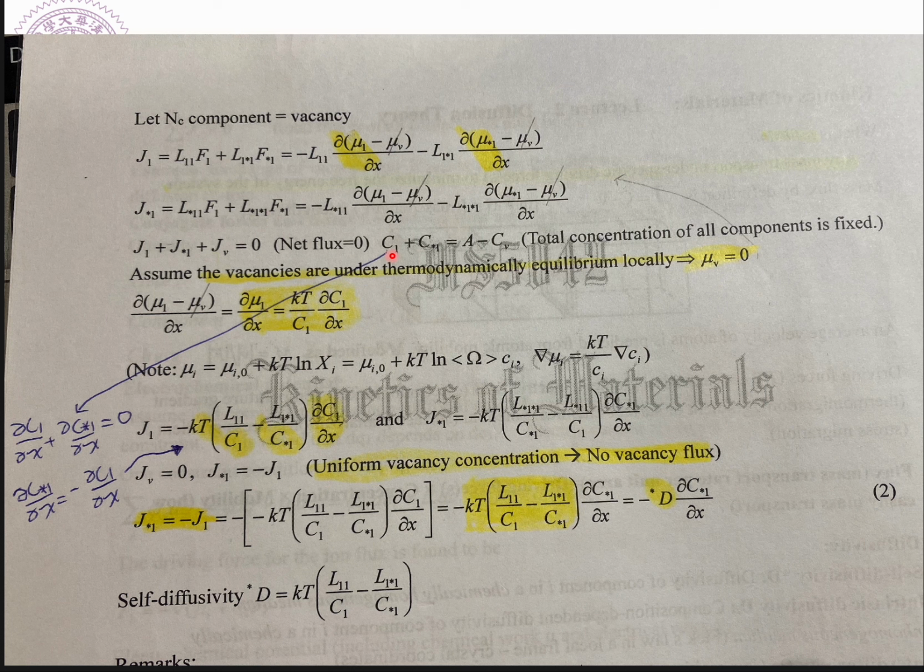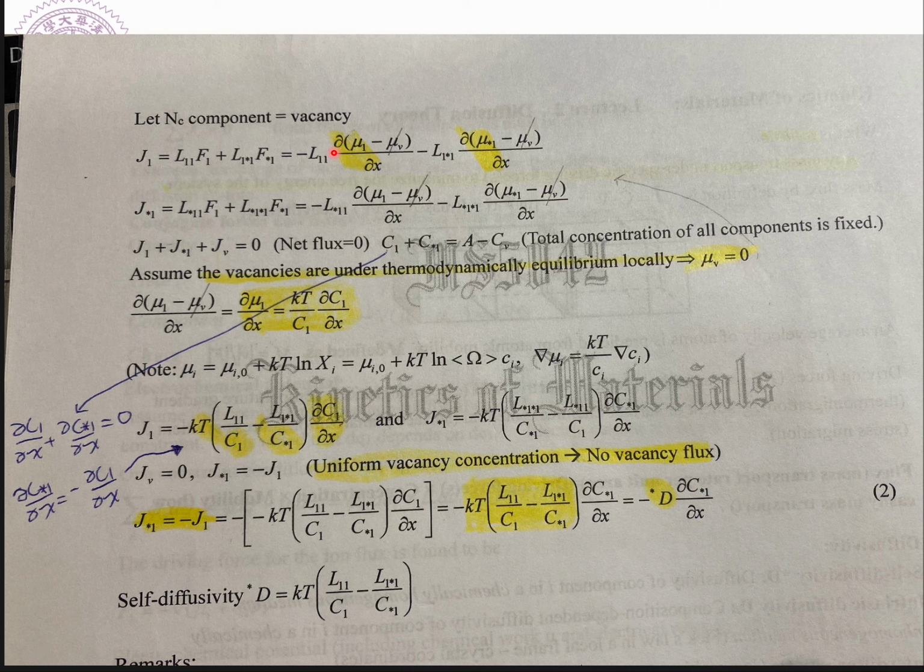Under these conditions, we take the gradient of this equation. Gradient term, you can directly delete this term, and also, we assume, probably we talk about this later, that's a very important assumption. So we assume all the vacancies are under thermodynamic equilibrium. So it means mu V equals 0, the chemical potential of vacancy equals 0.